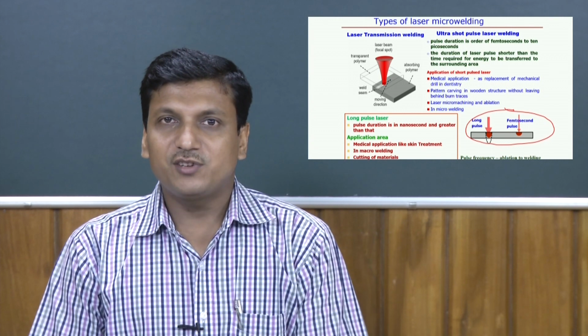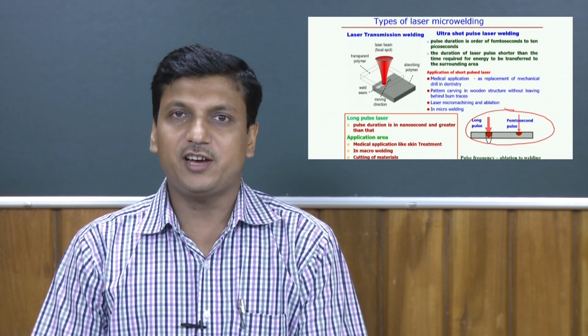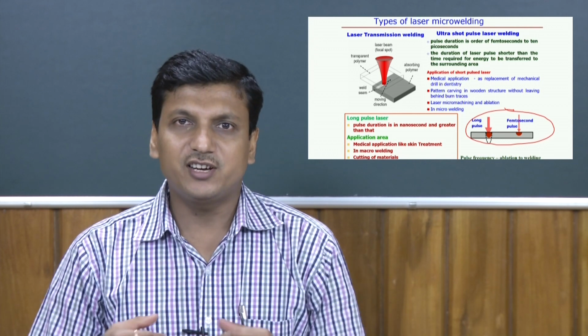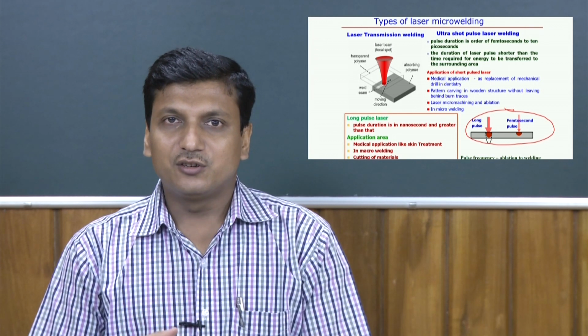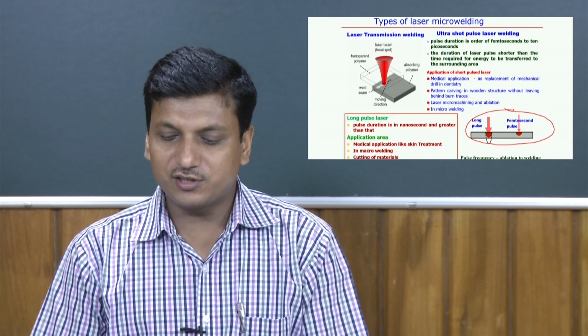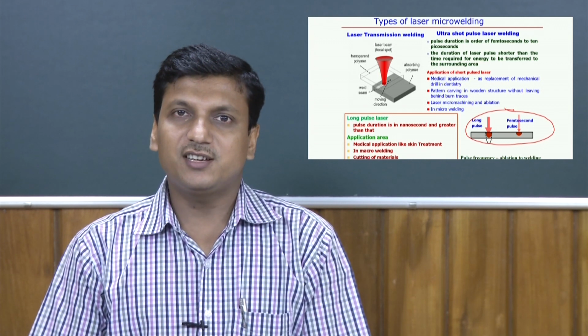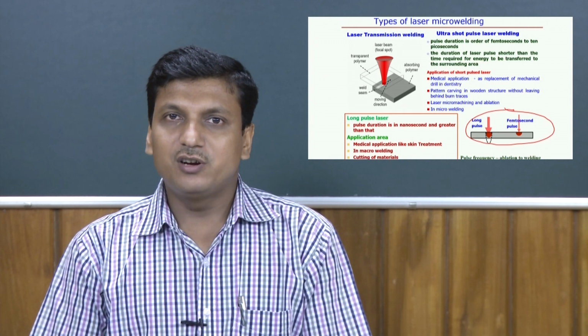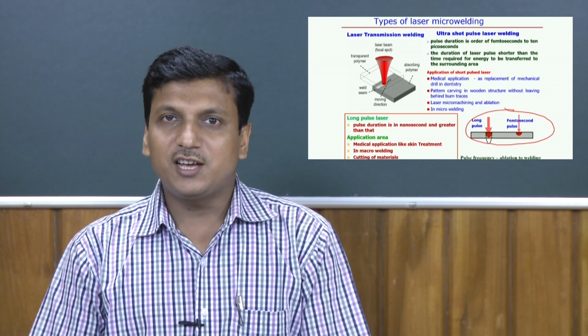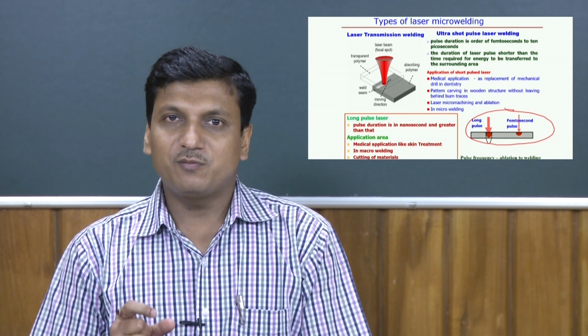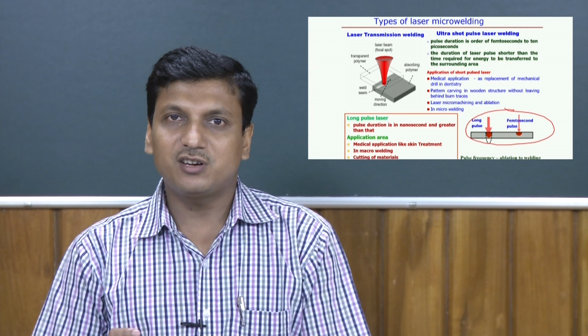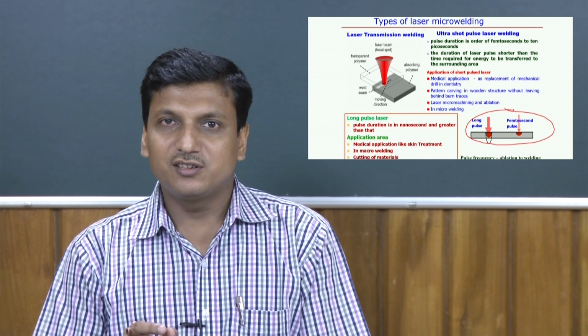But in the other way, if pulse frequency is very high, say in the range of megahertz, this femtosecond laser is more suitable for welding, because the duration of the pulse within one cycle is very low.